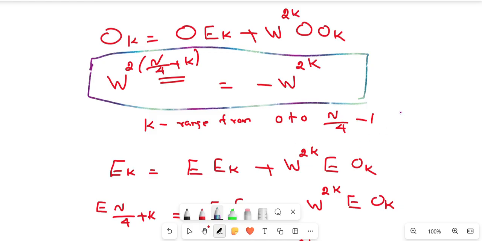So for this, k ranges from 0 to n by 4 minus 1.